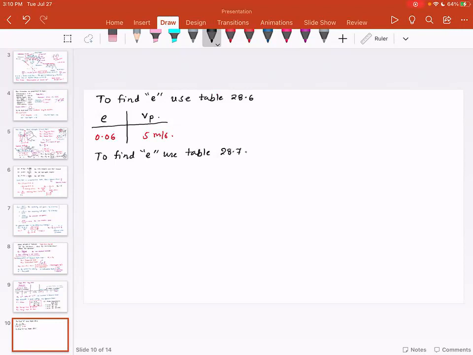In Table 28.7, the maximum possible or permissible error E is given in terms of module.